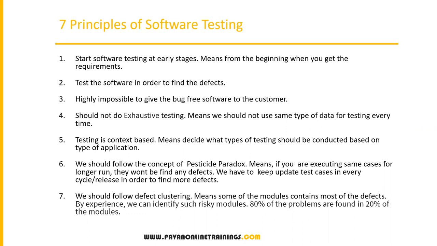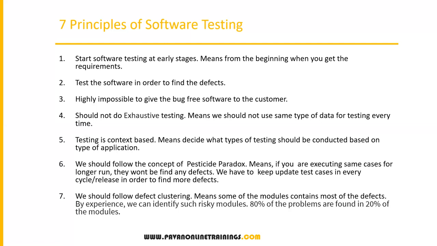Then once you get the build, we test the build: smoke testing, sanity testing. These are early testing stages. We are not yet conducting actual testing, but we have already started testing in the early stages. That is very, very important. From the beginning, when you get the requirements, we have to start our testing. So that's the first principle.